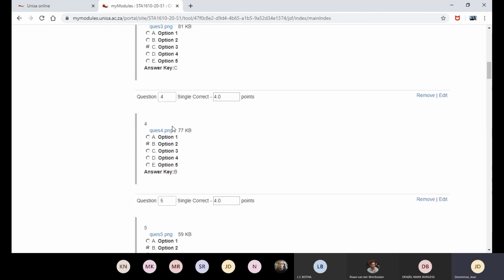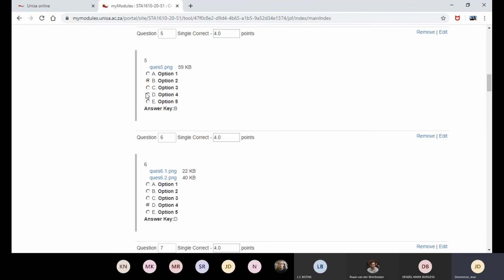But now if I look at it, question 5 was the one that we now looked at to say if it is the value of 5 or if it was symmetrical or not.